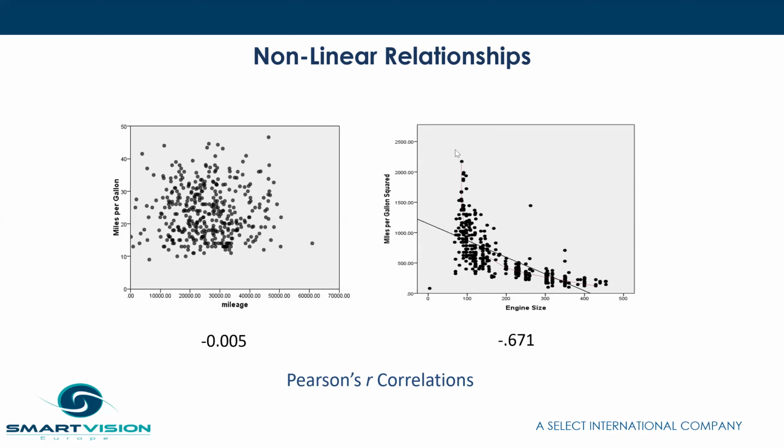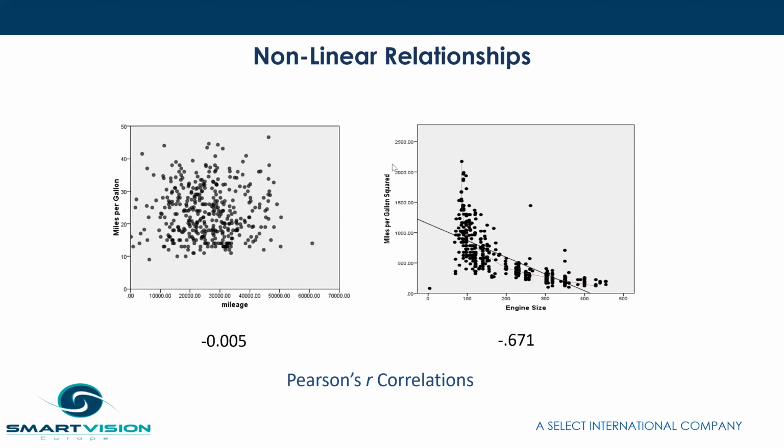The other thing to bear in mind is that if you have a curvilinear relationship, like this bendy hook-shaped relationship here, correlation can't see that. It basically tries to put a straight line through it. I've created this chart simply by taking miles per gallon and squaring it, so I've artificially created it.